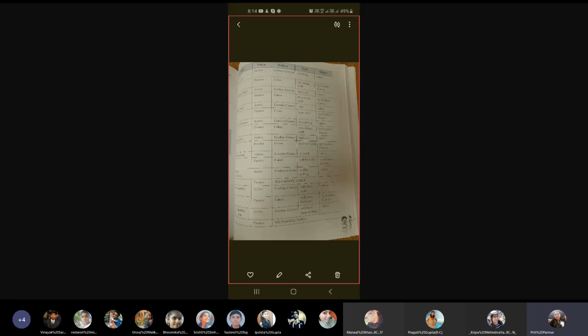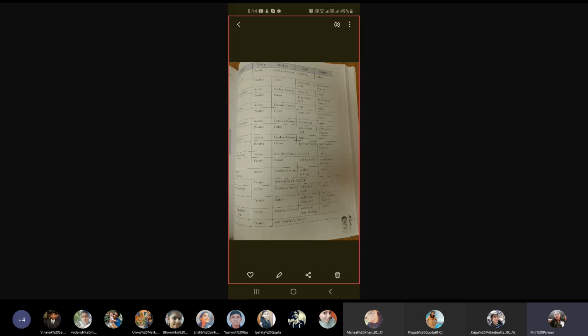Now see the simple past. Cookies Corner sold cakes. Now here sold is a past tense. So in a passive voice it would be cakes were sold by Cookies Corner. Then past continuous, again ing. Cookies Corner was selling cakes. Now can you see in past continuous it is was selling, and in the present continuous it is is selling.